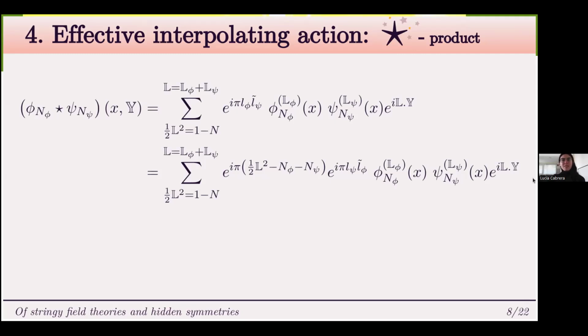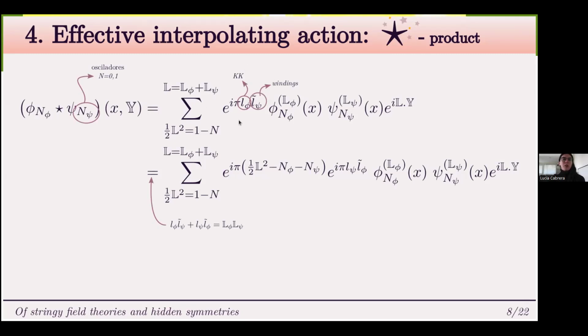So as terrifying as this might seem, it is quite straightforward. We have here the product of the 2 fields, and the novel bit that we have is this phase here. So in here, we're introducing the Kaluza-Klein momenta of the field phi, as well as the winding numbers of field psi. And on the second line, what we're doing is rewriting this phase.